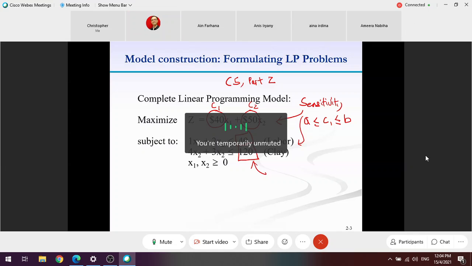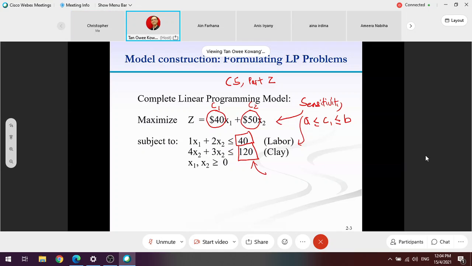Anyone can remember? Resource, right? From chapter 2 to chapter 4, we called these two numbers the resources that are available, or the requirements of the resources.